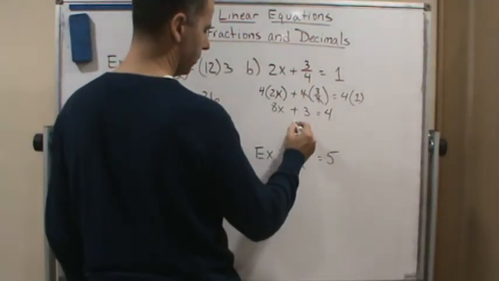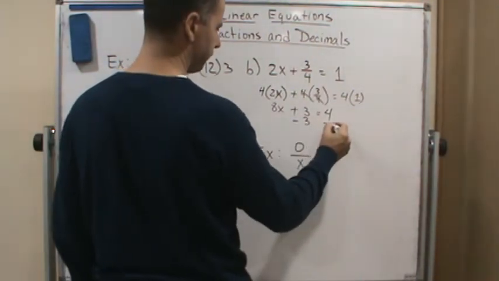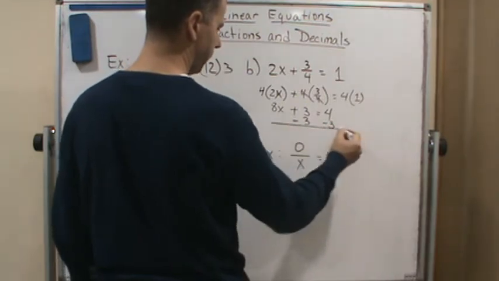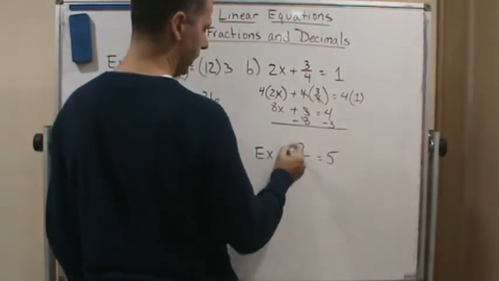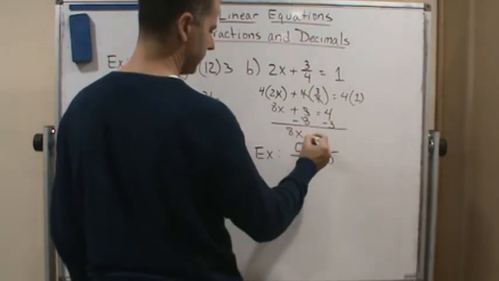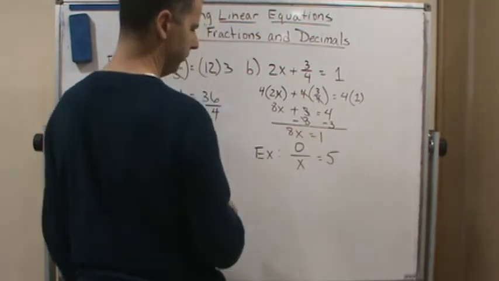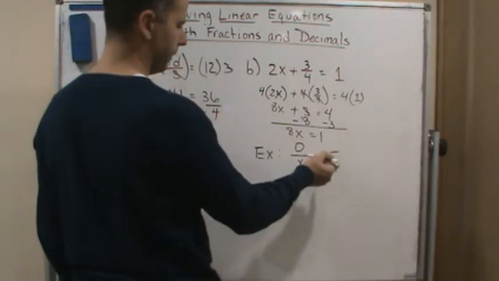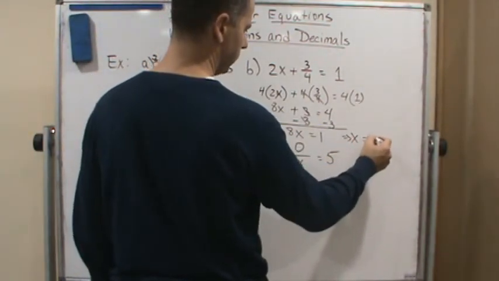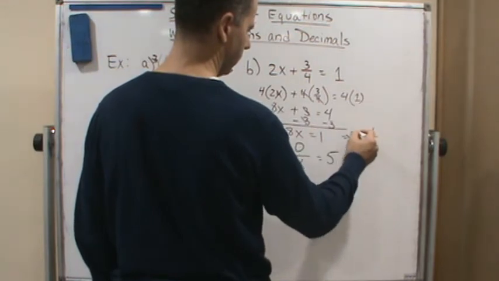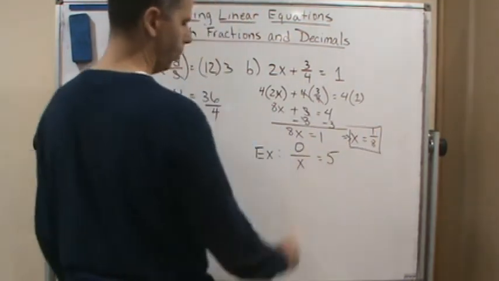Now all I'm going to do is subtract 3 from both sides. This gives me 0, and I get 8x equals 1. And then of course if I divide both sides by 8, I get x equals 1/8.